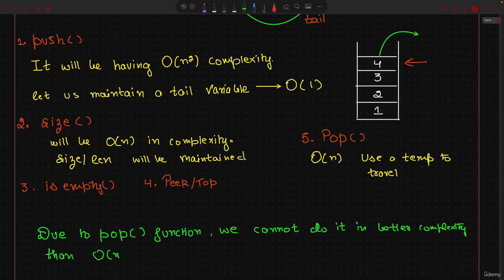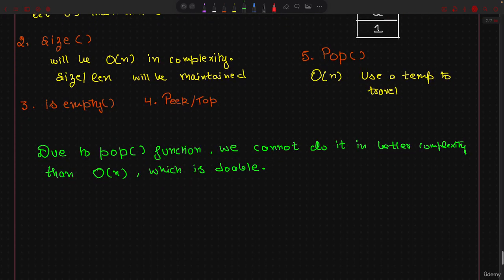So this much complexity of course will be there. Which is doable. I'm not saying that you should not do it. Just that, since there are so few operations, I would like to reduce it as well.